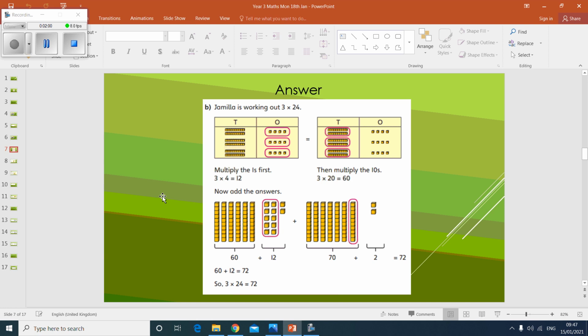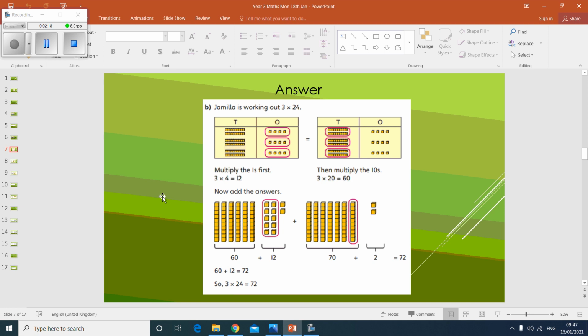So Jamila is trying to work out 3 times 24. So she has partitioned her rods into tens and her ones, the cubes, and she has 2 tens and 4 ones, but she has this 3 times.